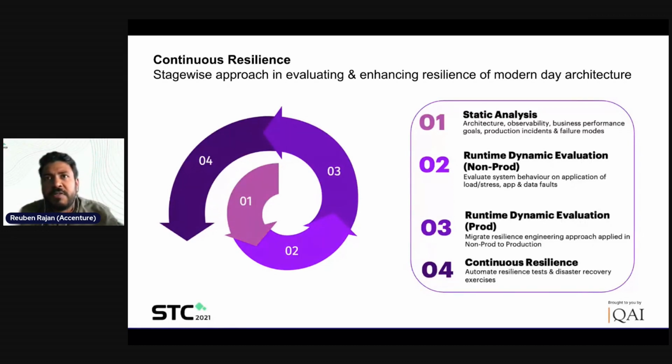The first part is to do a static assessment. It's like creating a photograph or a snapshot of your environment. You could extract that data from your architecture topology, map all the nodes and all dependencies between different systems, and give a first cut saying which systems you could start with.